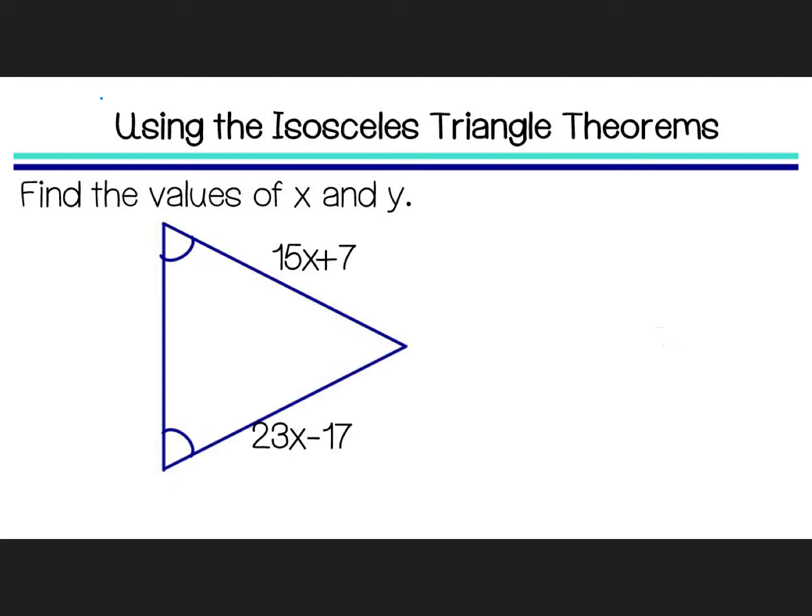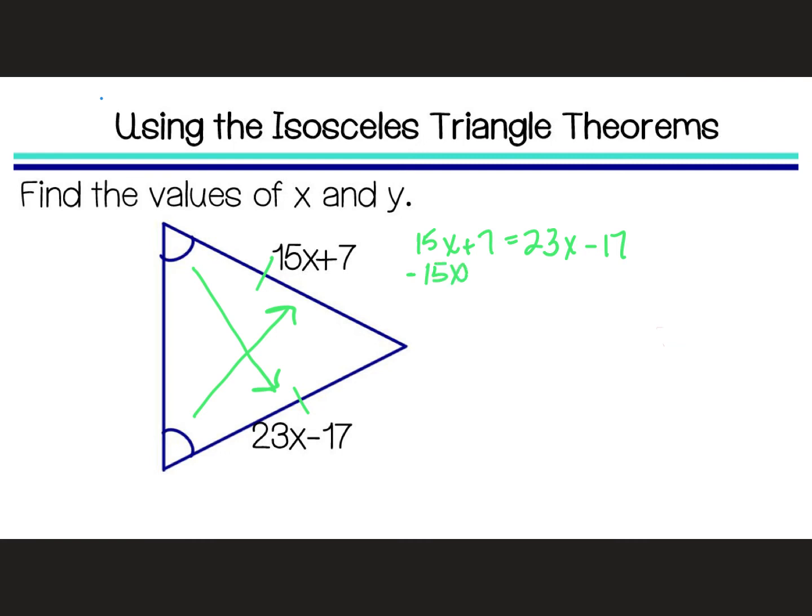We can take this one step further and add algebraic expressions to either our angles or our sides. In this case, the base angles are congruent, and so that would tell me that these two sides are the congruent sides. If the sides are congruent, then I can set them equal to each other and solve.